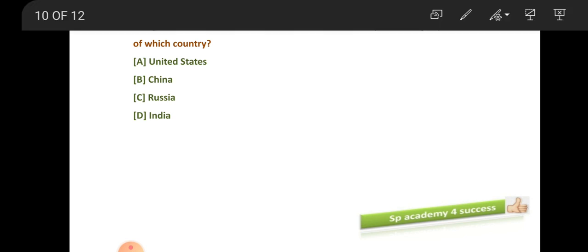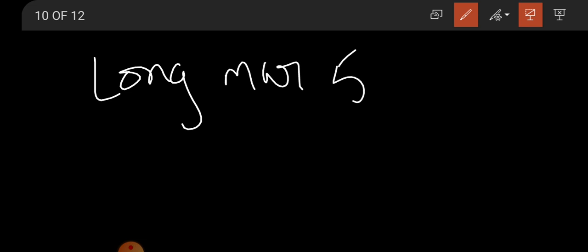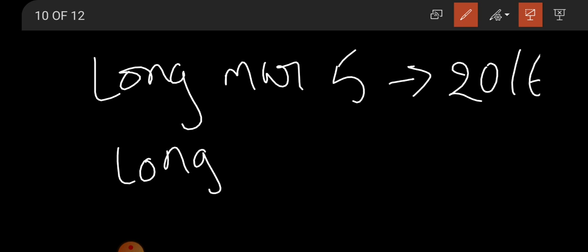Let me show you by writing this. China used to have a rocket launch vehicle called the Long March 5 rocket, which was inaugurated in 2016. Recently, the advanced version of this, the Long March 5B, has been inaugurated.